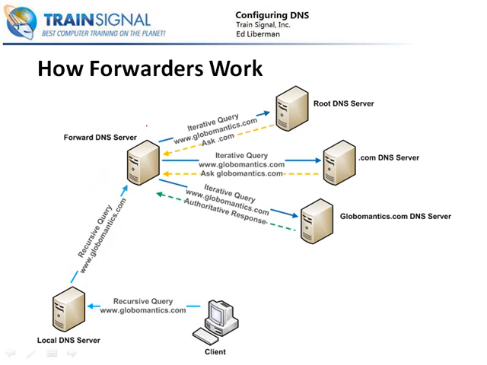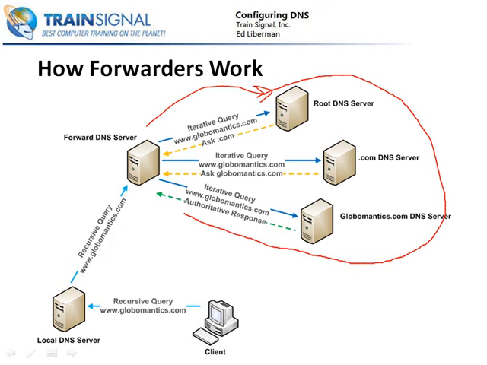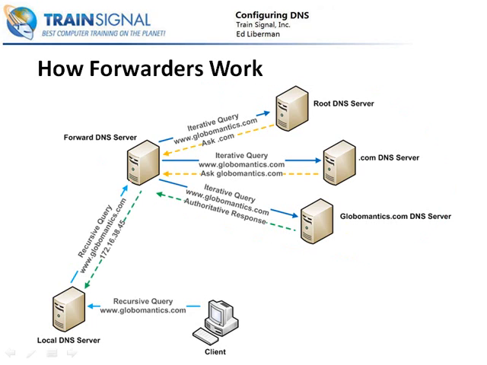It's those root hints that get that server out to that root DNS server on the internet, goes through the entire internet process, and gets an authoritative response from the globalmantics.com authoritative DNS server. The forward DNS server then responds back to the local DNS server, and the local server can then respond back to the client, and the client gets its answer.